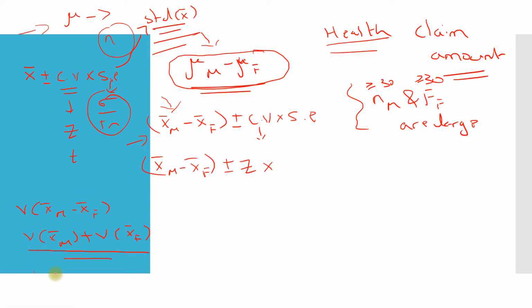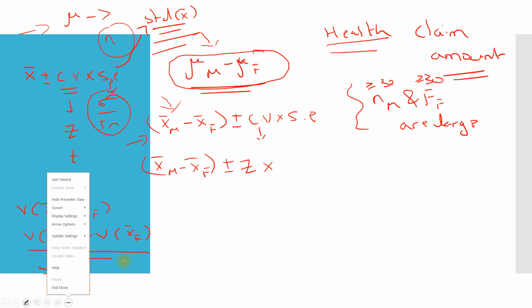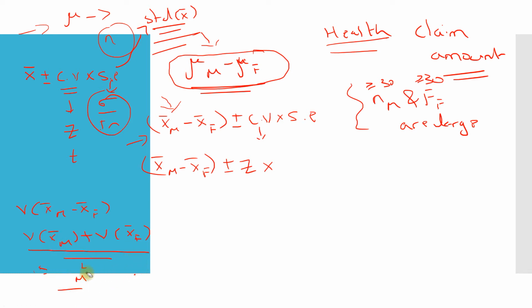Then the variance turns out to be sigma squared m over n m plus sigma squared f over n f.